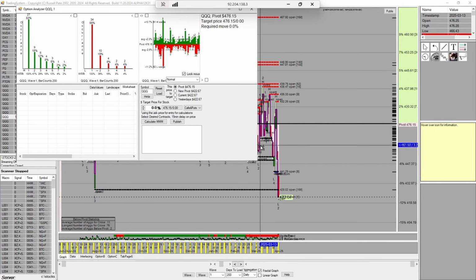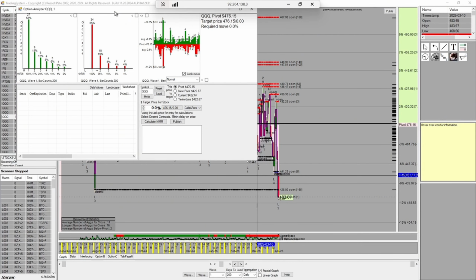There has to be at least one candle below pivot, so this is 100%. Then from that L1, about 35% of the time, this number right here, we continue to an L2. And now from this L2, we only continue to an L3 about 15% of the time over the last 200 days. So this is something you can use to get a potential bias on the day, using confluence for any trades.